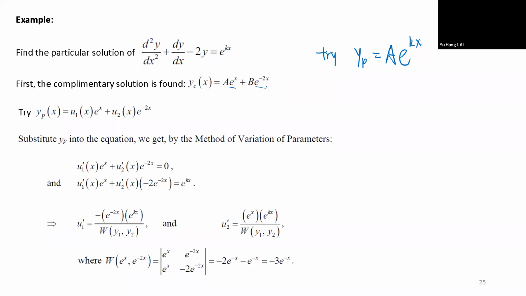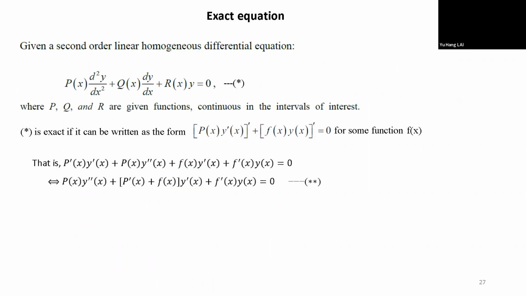If k is equal to 1, then you actually will try this, so k equals 1 or -2. Because again, as I said last week, the particular solution and the complementary solution cannot be linearly dependent. Otherwise that particular solution is not considered to be a particular solution.